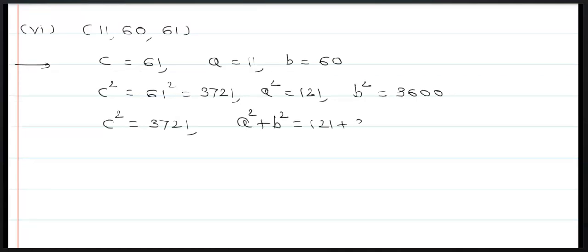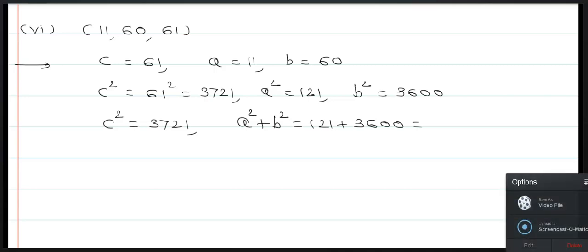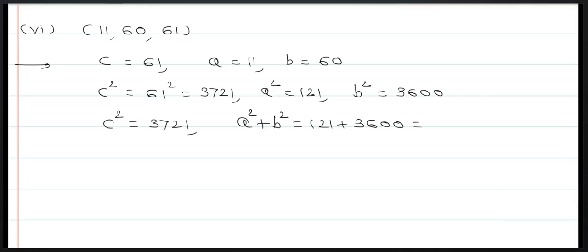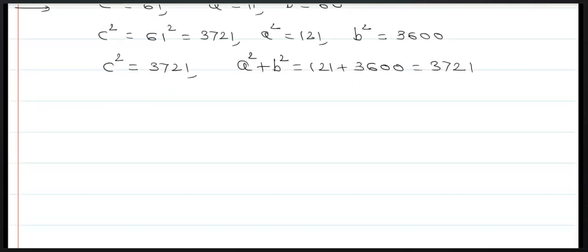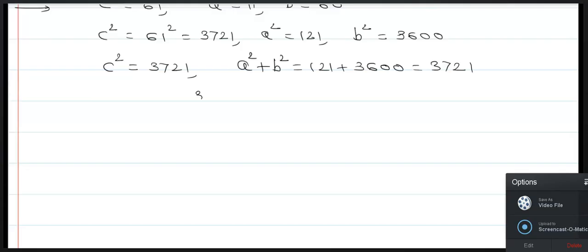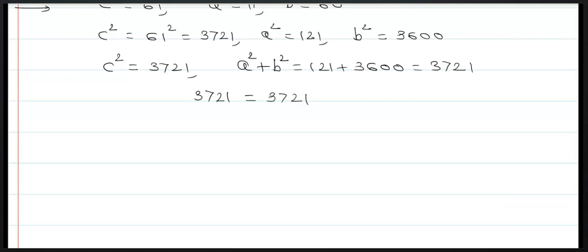A square plus B square is equal to 121 plus 3600, which is equal to 3721. It means that 3721 is equal to 3721. 61 square is equal to 11 square plus 60 square.